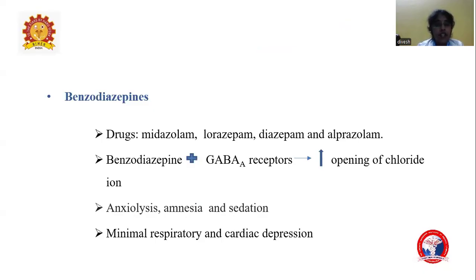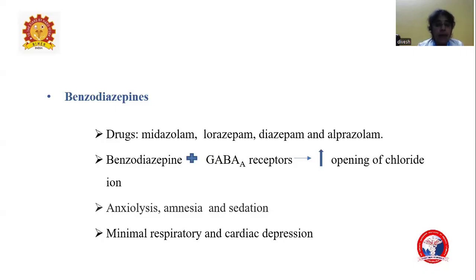First, we are going to see about the benzodiazepine group of drugs. Already we have discussed what are all the drugs in the benzodiazepine group. That is midazolam, lorazepam, diazepam, and then alprazolam. First, we will see about the mechanism of action of benzodiazepine.